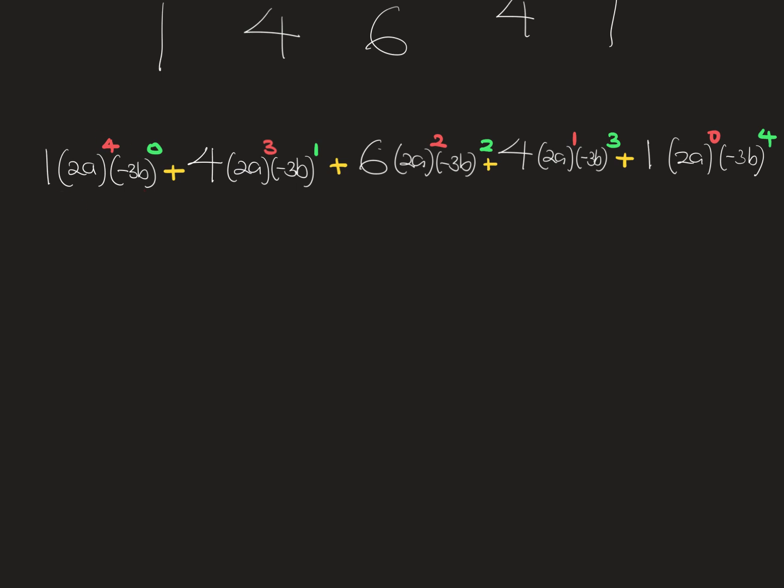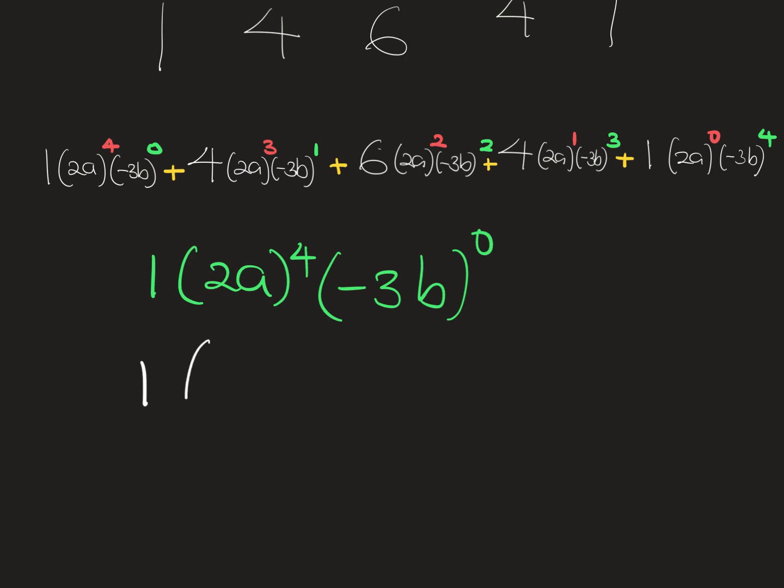So for this expression, we have 1 into 2a to the power 4 minus 3b to the power 0. What will we have? That is 1 into 2 to the power 4, which is 16.